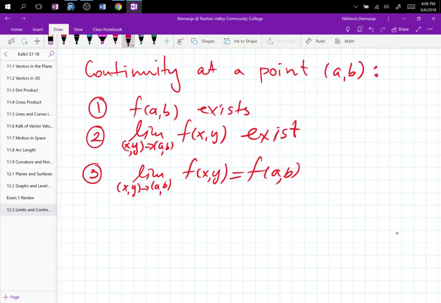Now, once we define continuity at a single point, we can say that the function is globally continuous if it's continuous at each point of its domain.